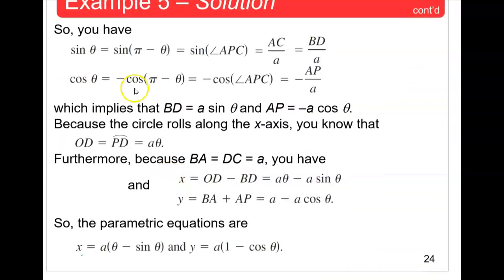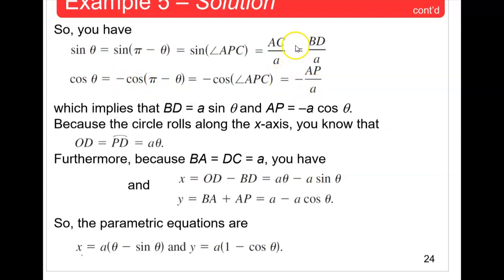So right here, the angle APC, that was the angle that was coming from pi minus theta. So you can see the substitutions here. The sign changes: if we use pi minus theta, cosine changes to negative.